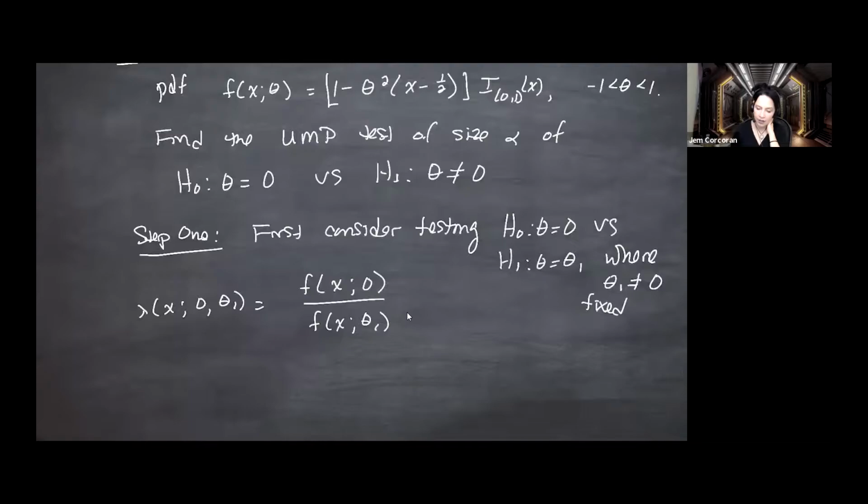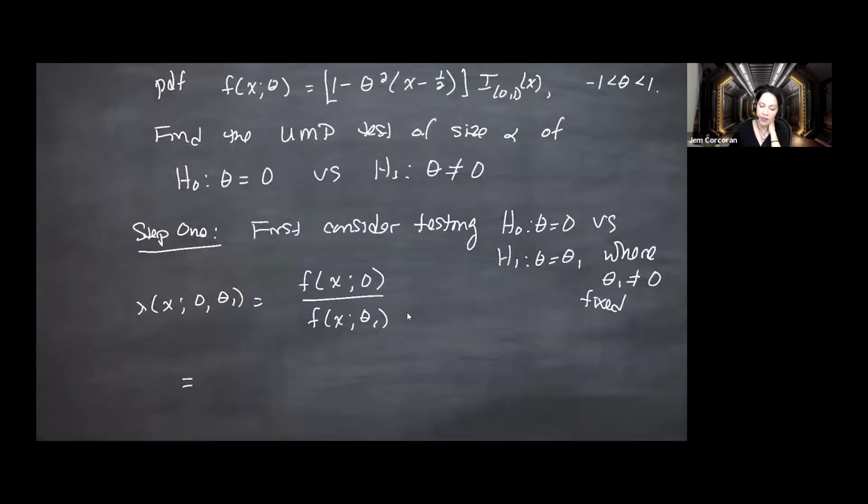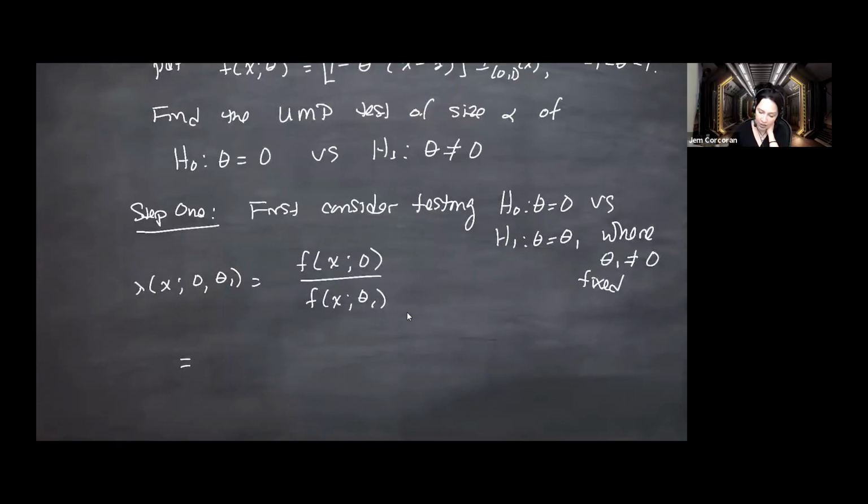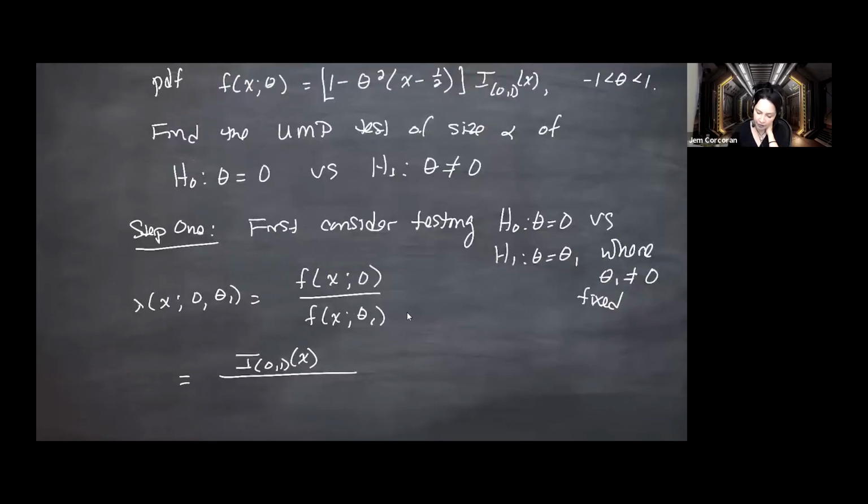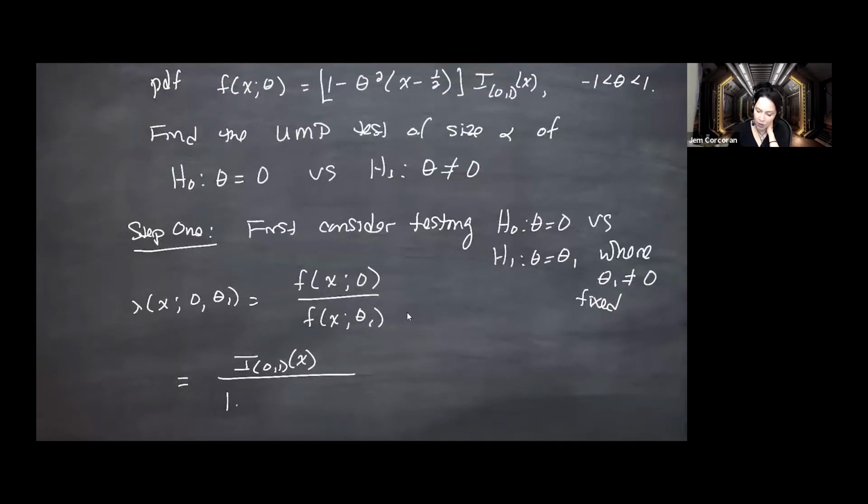And so when theta is 0, going back up here, this whole second part zeroes out, and it's really just a uniform PDF. So this is just the indicator from 0 to 1 of x over all of that other stuff, 1 minus theta 1 squared, x minus 1/2.